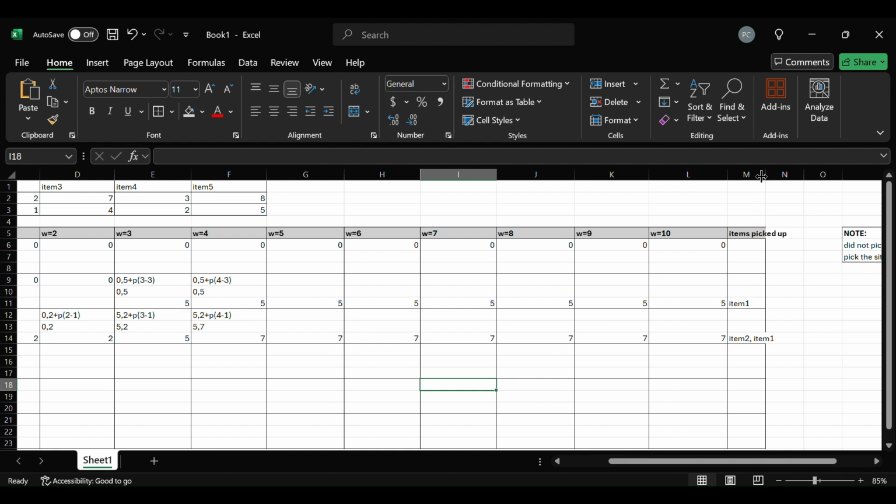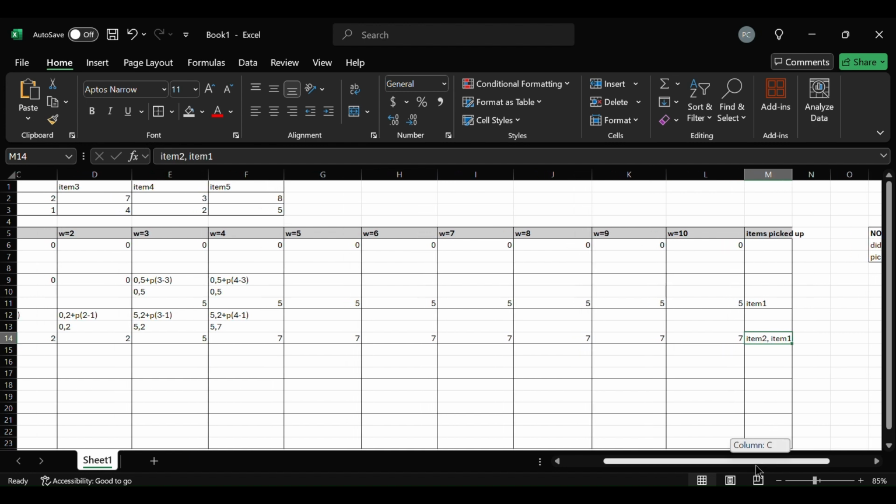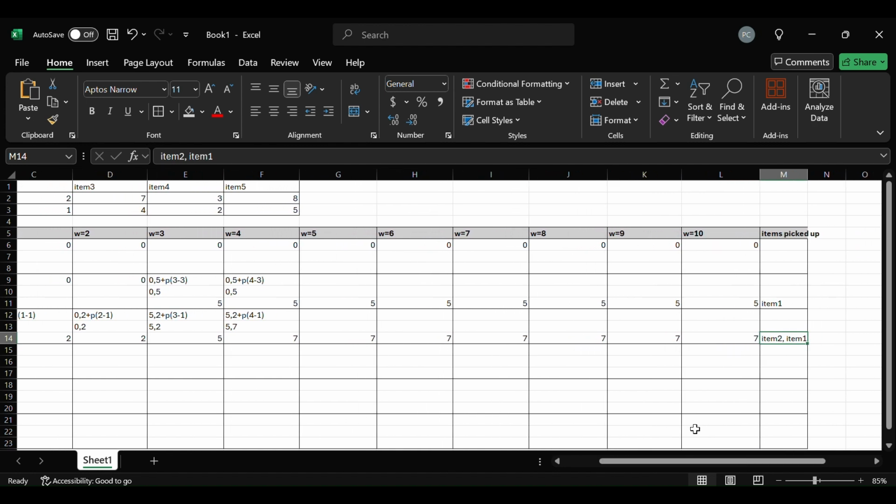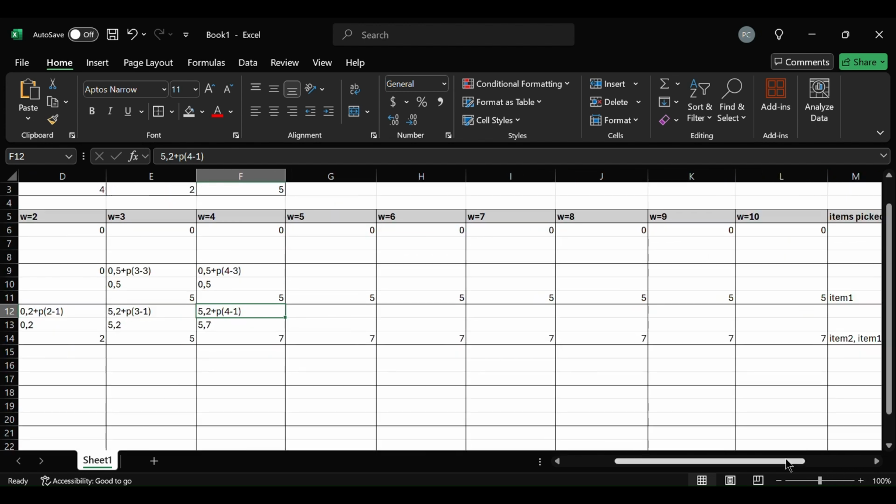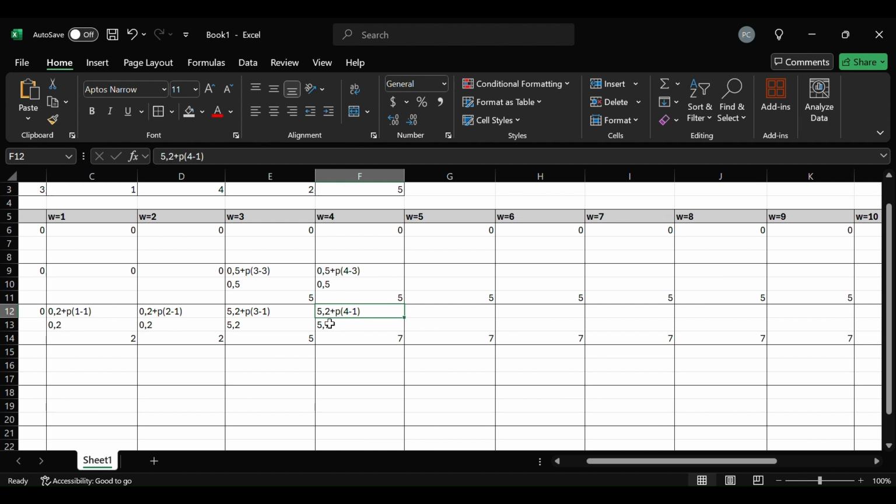Okay, why did I get item 2 and item 1? Again, you go back to the decision you made, which was pick up. So you picked up item 2. Let me zoom in here. You picked up item 2, and P of 4 minus 1 is this part here.